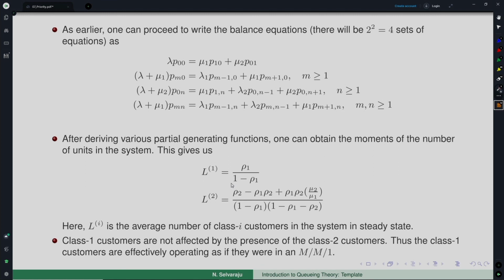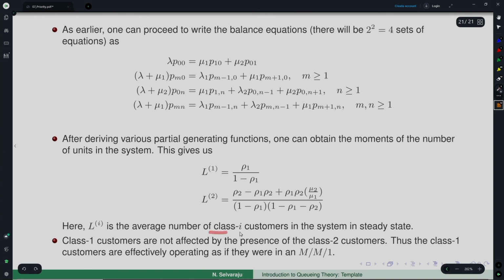Whenever the system is free, he is free to serve the lower priority customer, and whenever the system is busy, he has to serve the priority 1 customer. Here busy means in the MM1 context which we are looking at. Where Li is the average number of class i customers, and class 1 customers are not at all affected by the presence of class 2 customers.